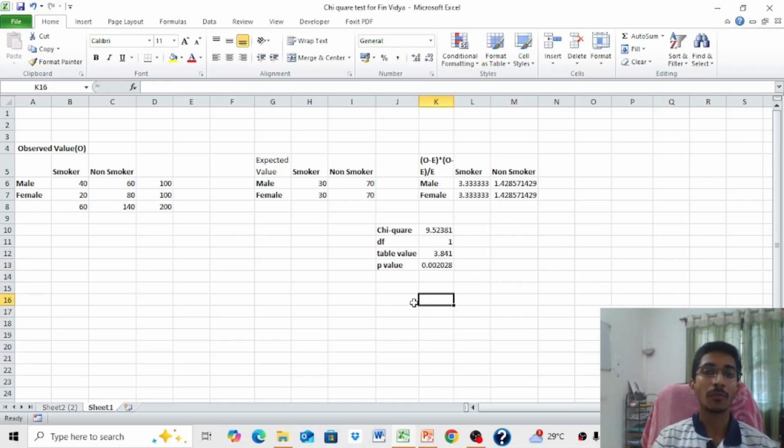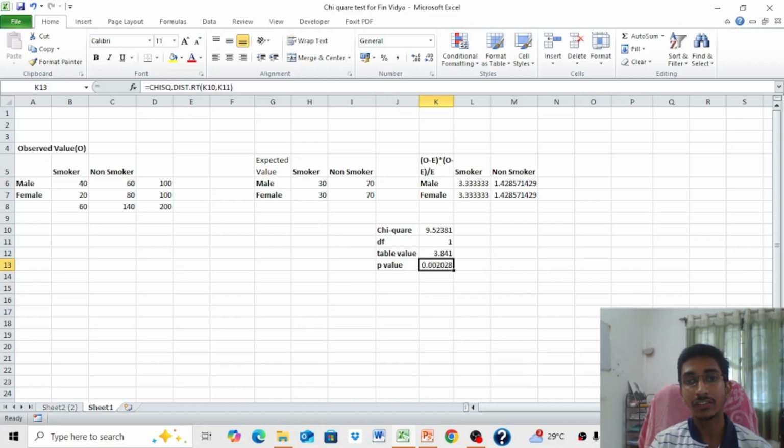Now you can observe. First compare the chi-square calculated value with the table value. You observe that the table value is less than the calculated value. So what do we do? We reject our null hypothesis, correct. We accept the alternate one, clear. And the p value is less than 0.05, and our decision rule is we reject the null hypothesis.